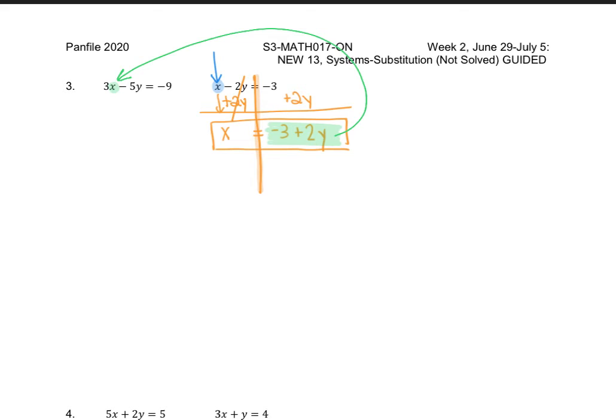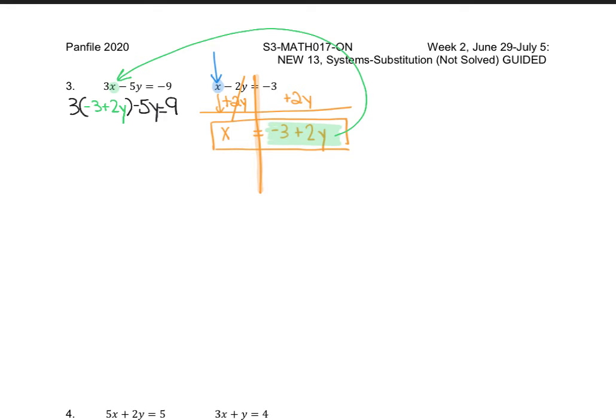So I'm going to rewrite that equation, and I'm going to take the x out, and I'm going to rewrite it with a big set of parentheses. And when I do that, what am I going to plug into those parentheses? I'm going to plug in negative 3 plus 2y.